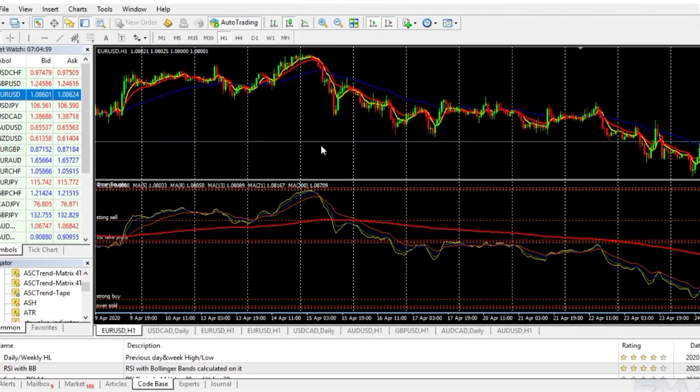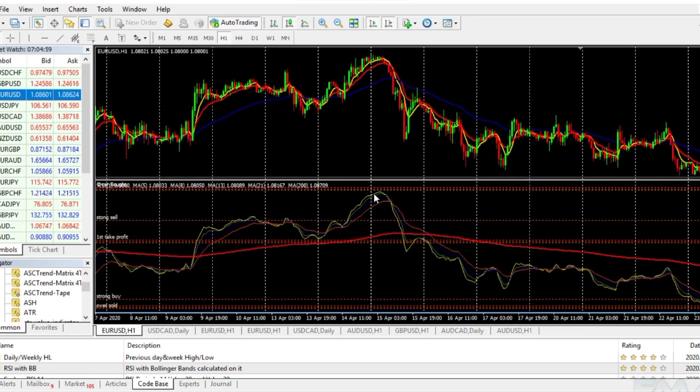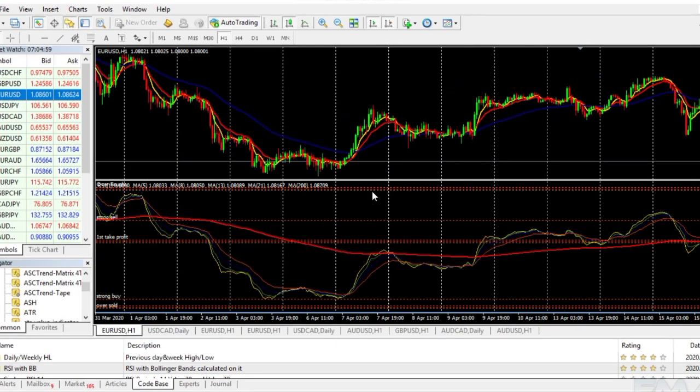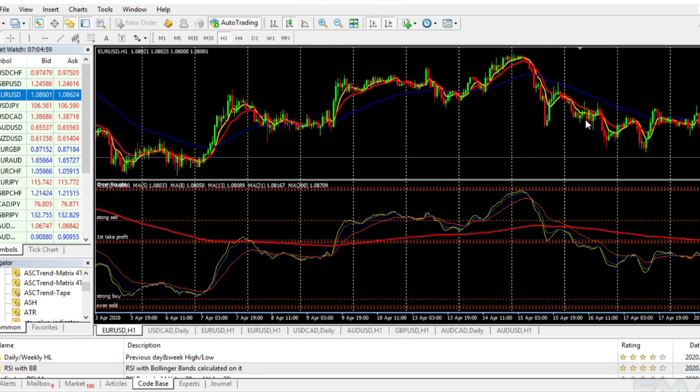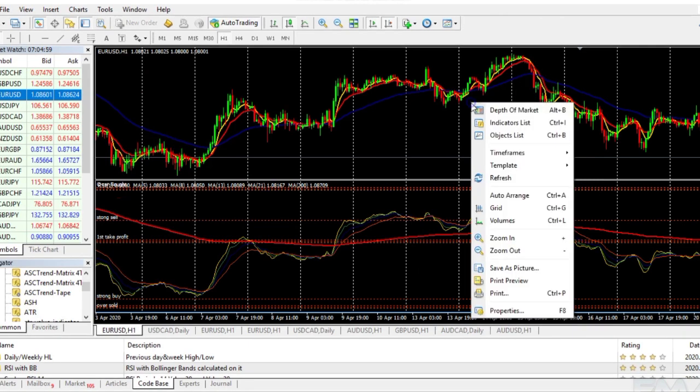So okay, this is the basic strategy I use right now to trade, and you can see it comprises different moving averages. The first one is on your normal charting window. Let me just show you the settings.